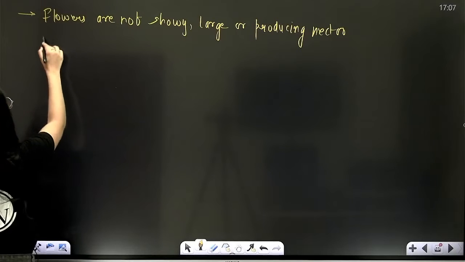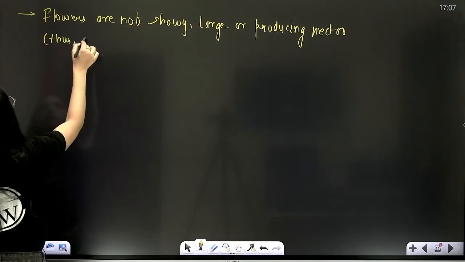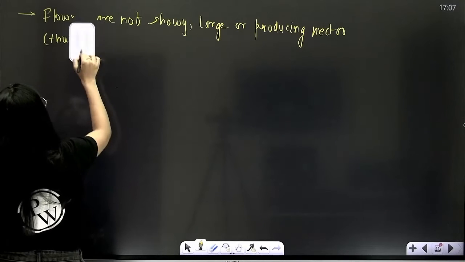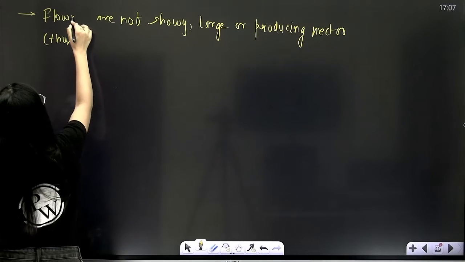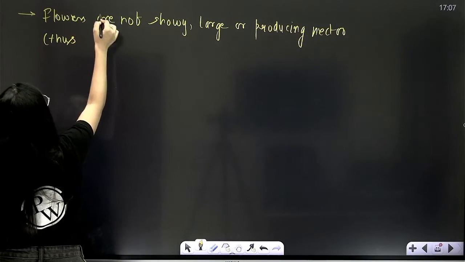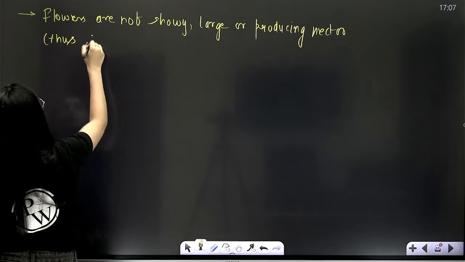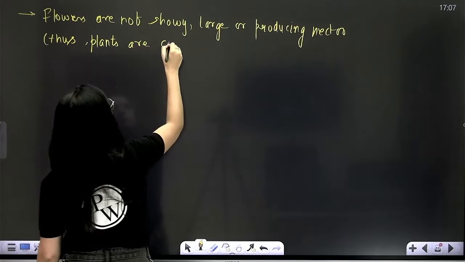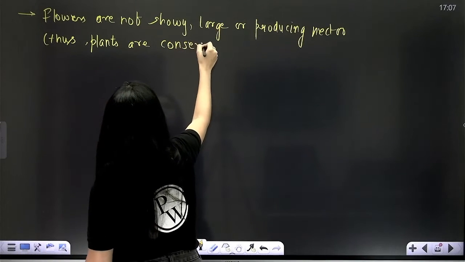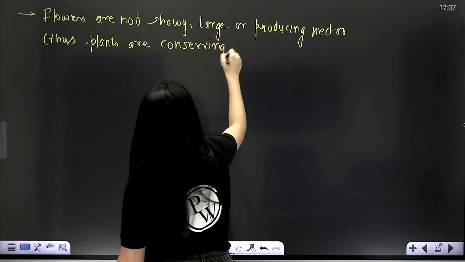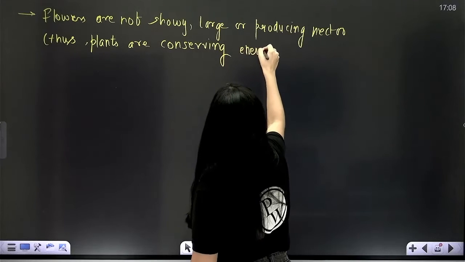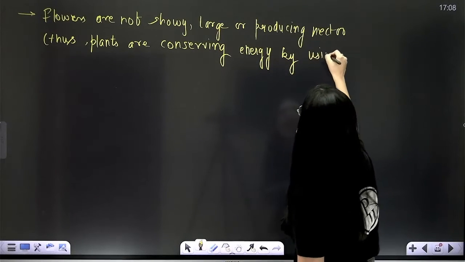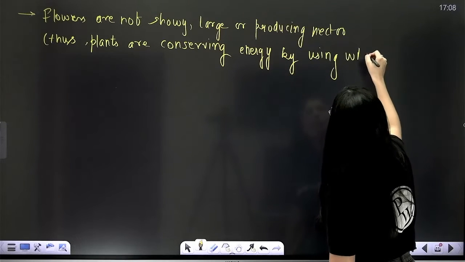Thus, plants are conserving energy by using wind as the pollinating agent.